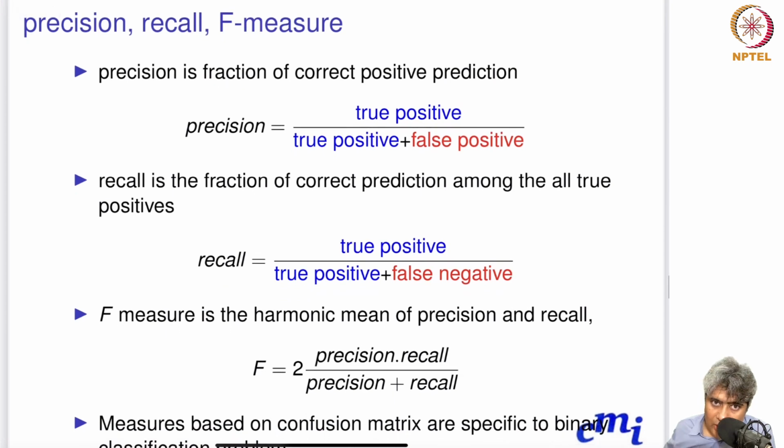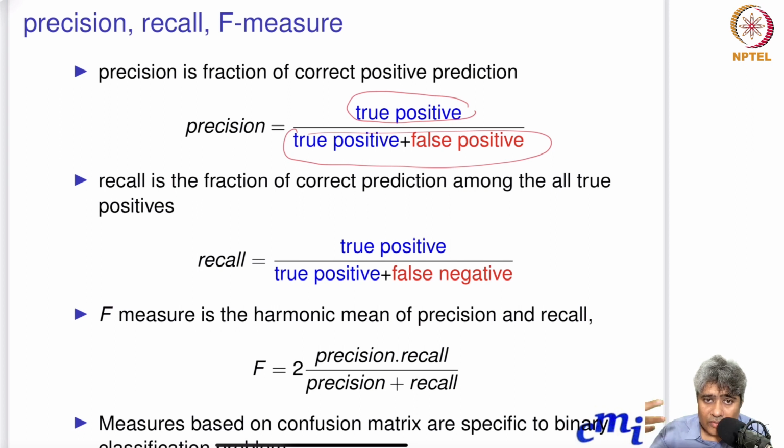There are some other metrics which are very popular in machine learning called precision, recall, and F measure. Precision is a fraction of correct positive prediction. Typically it is true positive divided by true positive plus false positive, like how many positives are being predicted and how many are true positive out of those predicted. And recall is true positive divided by true positive plus false negative.